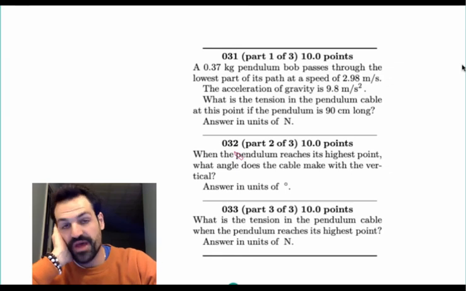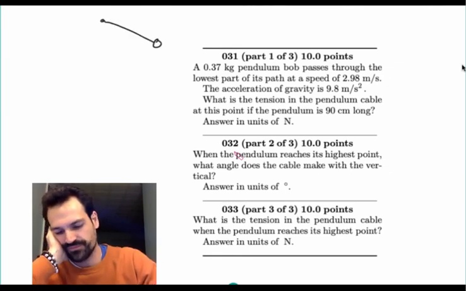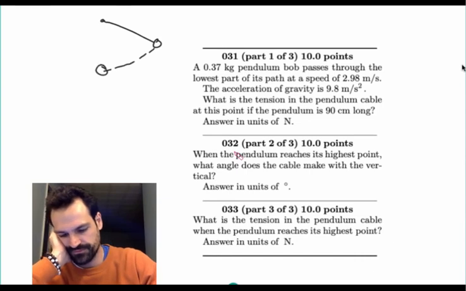So right off the bat, I'm thinking diagram. So we have tension up, and we have the force of gravity downward. Fg equals mg, and tension up.